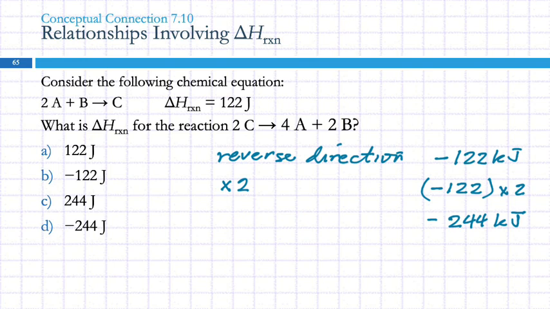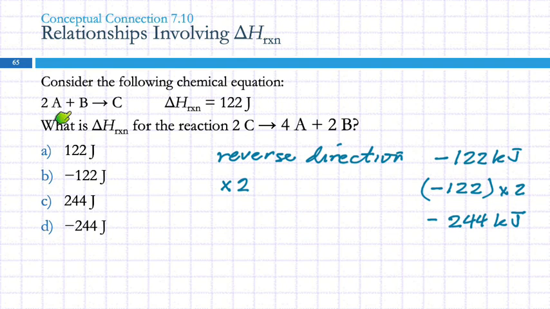Does that make sense? Here we weren't actually adding any equations together. We were just looking at what if we changed this one. We're running it in reverse with twice as much stuff. Well, then we're going to have twice as much energy change, and it's going to be in the opposite direction.